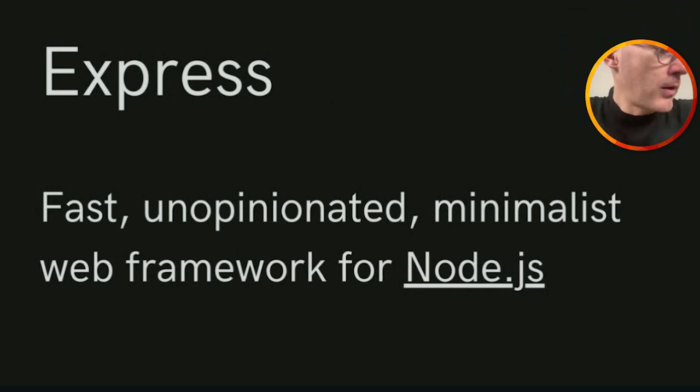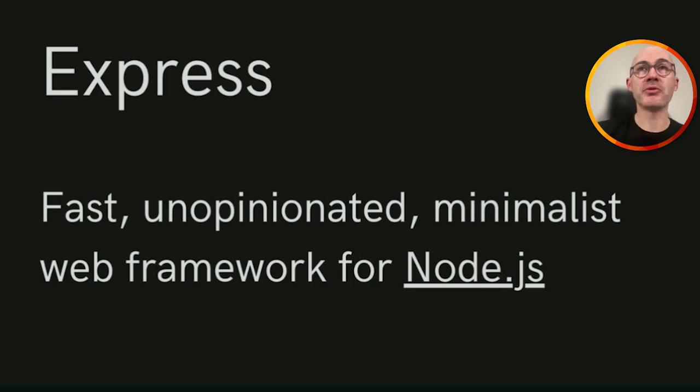And so for Angular, it needs a server engine to run your application, and currently Angular is using Express. Express is quite well known in the community. It's an old web framework for web servers. It defines itself as a fast, unopinionated, minimalist web framework for Node.js. So yeah, it's minimalist.